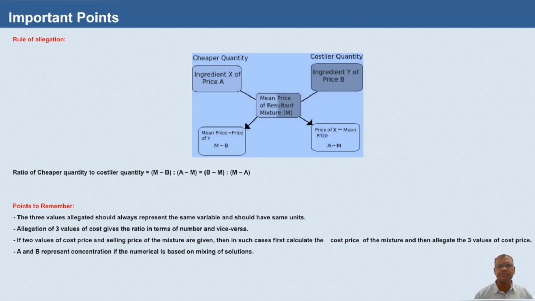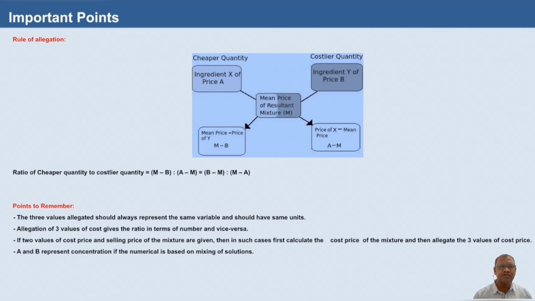When both of them are mixed, we will get a mean price of the resultant mixture, denoted by M. So, mean price minus price of Y, that is M minus B, and price of X minus mean price, that is A minus M. The ratio of M minus B and A minus M gives us the ratio in which the cheaper quantity and the costlier quantity are mixed to get the resultant mixture.